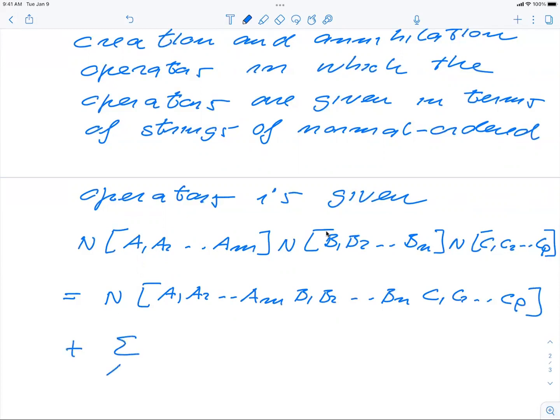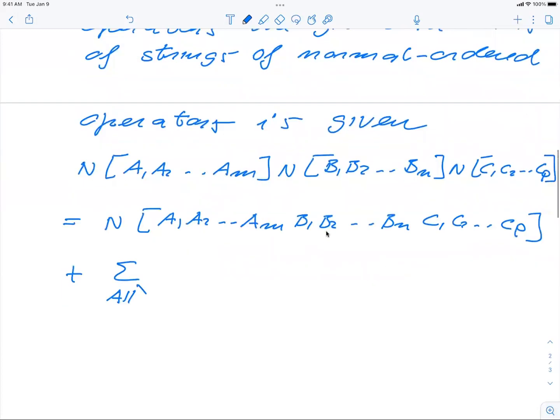and now I'm going to put a sign where I say all primed, and I have to say what all primed is. And this is a normal product of the operators being contracted not with themselves within a chain of operators, but only between the operators from the different chains.